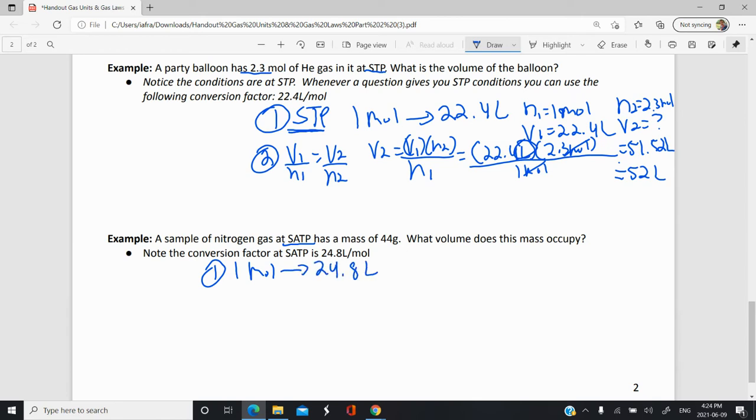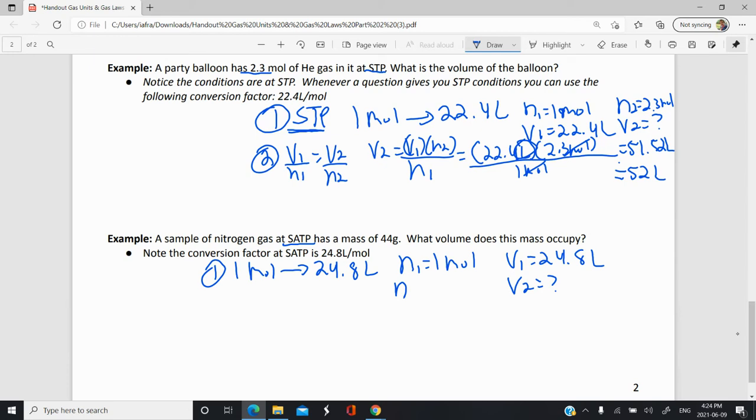That's our molar volume at SATP, 24.8 liters per mole. So you can think of this almost like your N1 is 1 mole, and your V1 is 24.8 liters. Now, we're looking for a new volume.